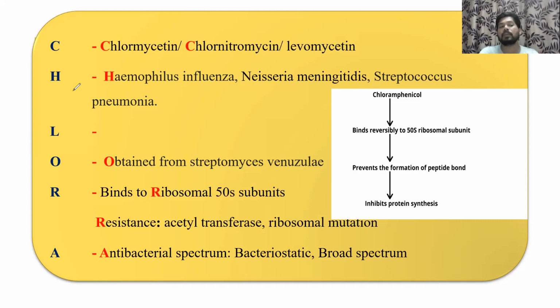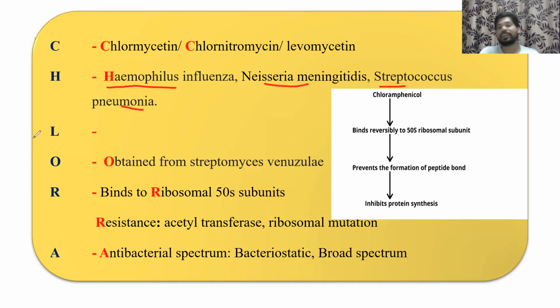But the exception is that it can kill organisms like Haemophilus influenzae, Neisseria meningitidis, which causes meningitis, and Streptococcus pneumoniae. So it is the exception where chloramphenicol shows bactericidal action. On the remaining organisms, it shows bacteriostatic action only.